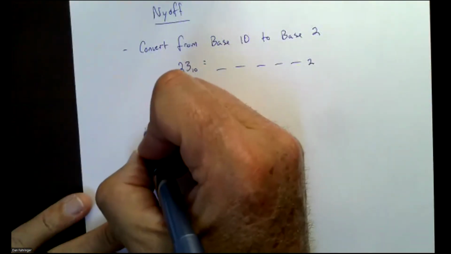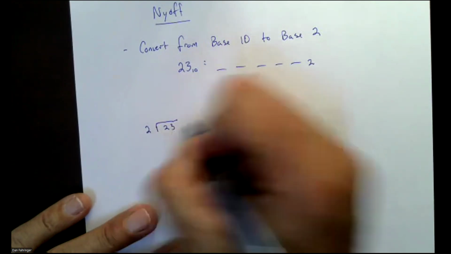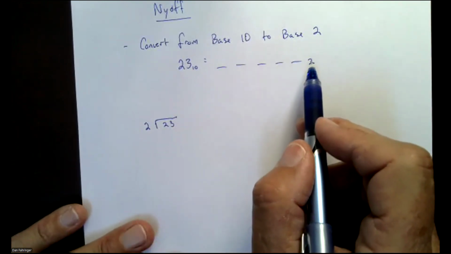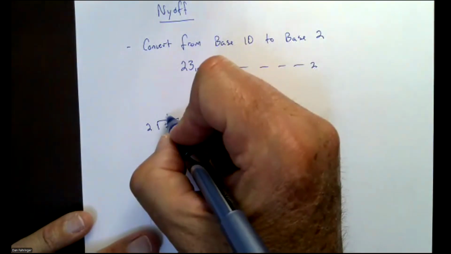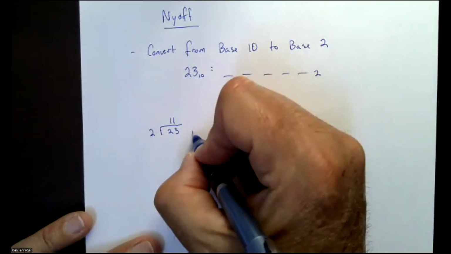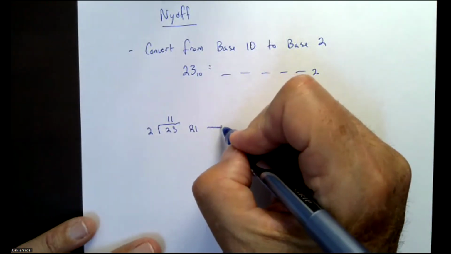We're going to go 2, and we're going to divide 23 by 2 because I'm converting to base 2. If I was converting to base 8, I could do this same procedure. All right. How many times does 2 go into 23? 11, and there's a remainder of 1. Guess what we're going to do with that remainder of 1?